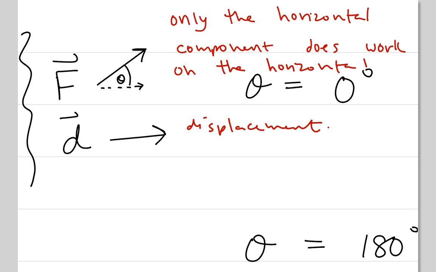So that's like the wagon, the lawnmower. Do you guys remember those problems? The wagon problem and the lawnmower problem? So I'm pushing the lawnmower, mowing the grass. Am I doing work? I'm doing work, right? And which component is doing the work, the x component or the y component? Because think about the displacement. I'm moving, so I just move this way. Yeah, it's the x. Okay?